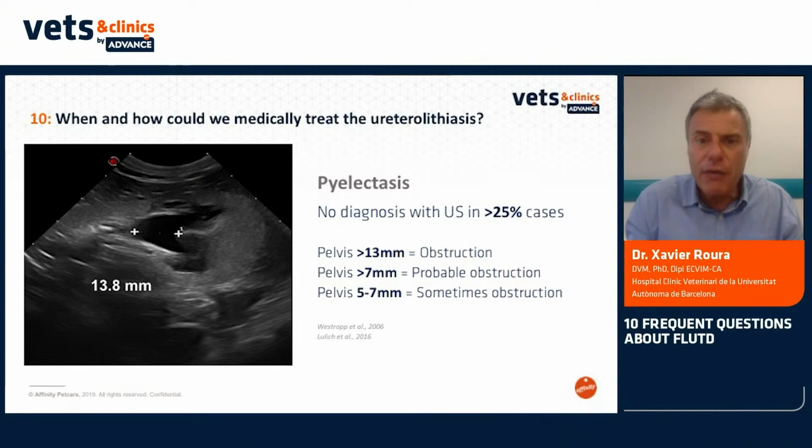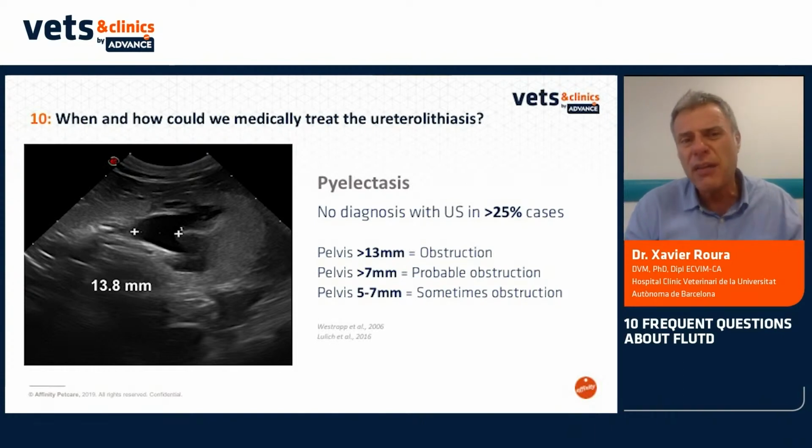When we have a pelvis of more than 7 millimeters, we can say there is potentially an obstruction, and if we have between 5 and 7 millimeters, we say sometimes we could have an obstruction.